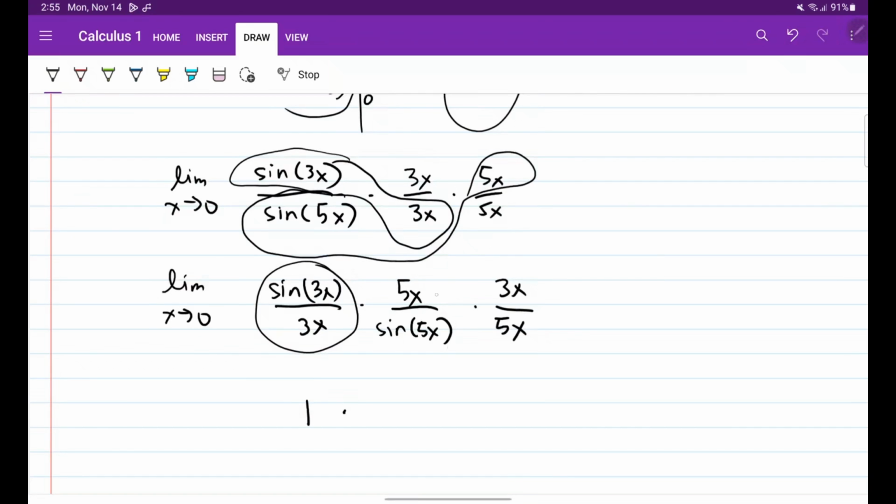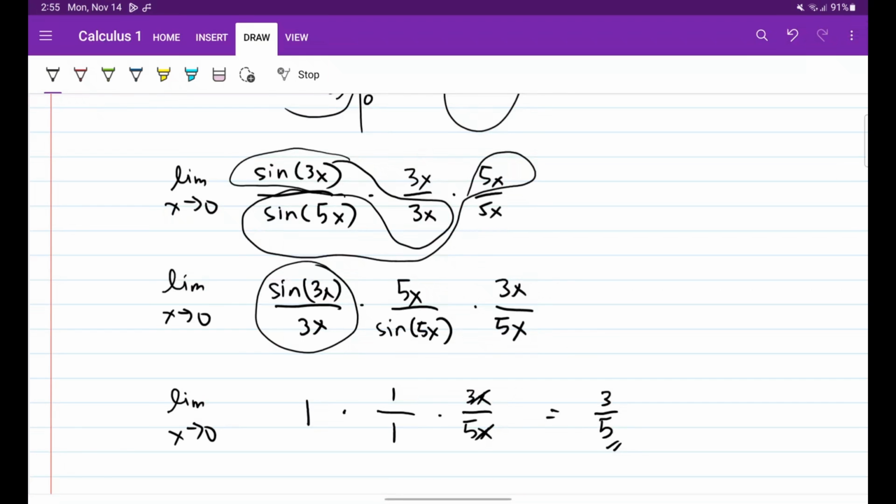Tapos, we have sin 5x here and 5x over sin 5x is just 1 over 1. Tama? Times 3x over 5x which magka-cancel lang yung x. No? So, we get the limit as x approaches 0 to be just equal to 3/5. No? So, this sin 3x over sin 5x is just equal to 3/5 when limit as x approaches 0.